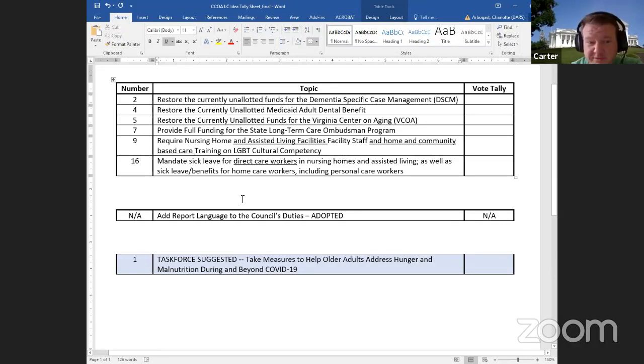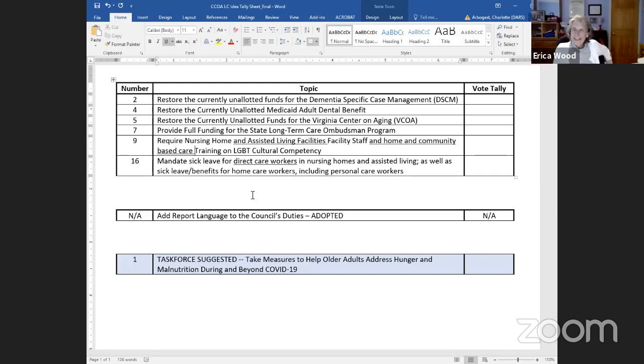So is everyone comfortable with moving it forward like it is? I just want to make sure I'm understanding correctly. If that's the case, I'd like to renew my motion. Happy to second that motion. All right. Is there further discussion? Okay, hearing none, last chance, I'll ask Charlotte to conduct a roll call vote.